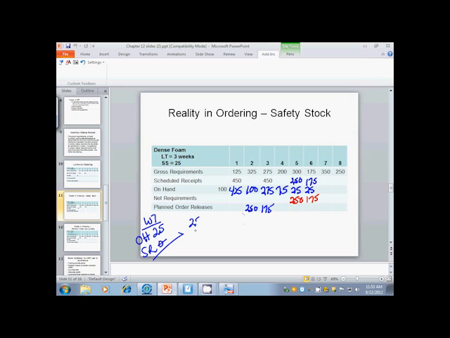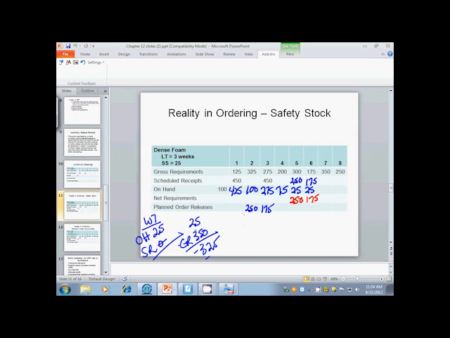That gives me 25 units total to use. My gross requirements, what I plan on using though, is 350 units. That means I'm short 325 units. But is that really true? No, because I have to take into consideration my safety stock.